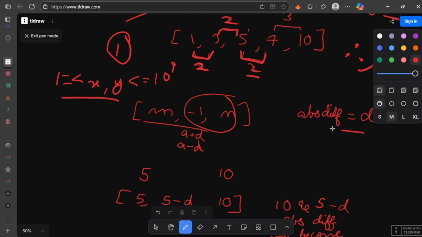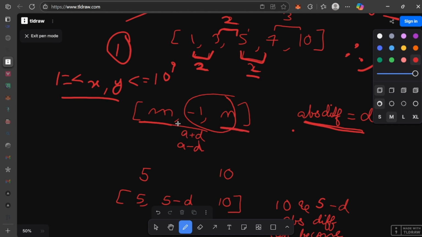So suppose that absolute difference we get after substituting this -1 by a positive value be d, and that is the minimum maximum absolute difference you can attain, and these are its border elements.